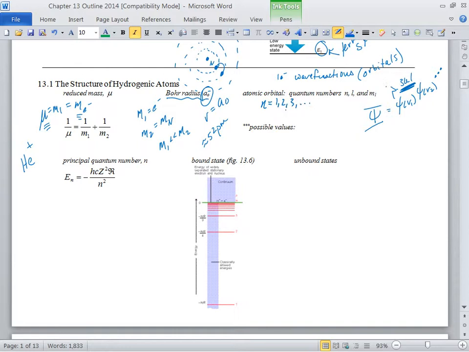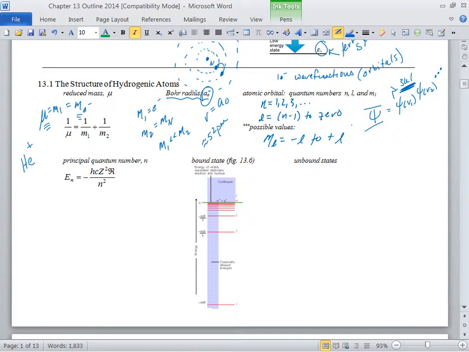And then you had l, from 0 to n-1. And then m sub l, which goes from -l to +l. Okay. So there's our quantum numbers for our solutions for hydrogenic atoms for the Schrödinger equation.